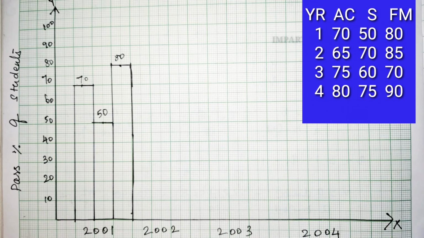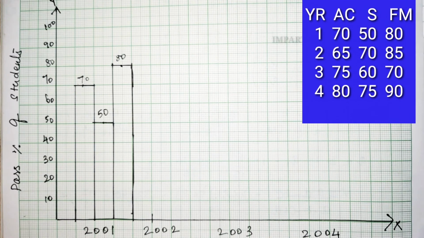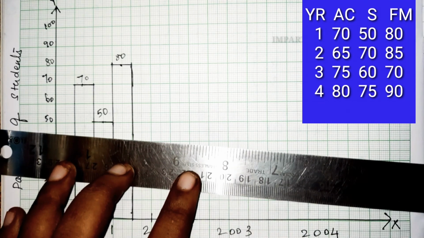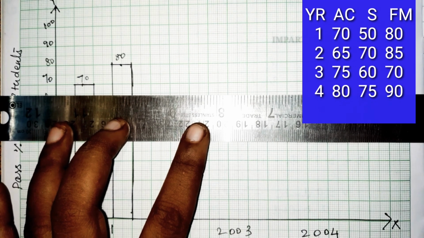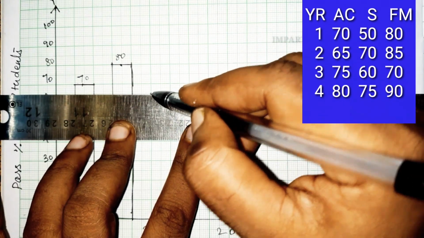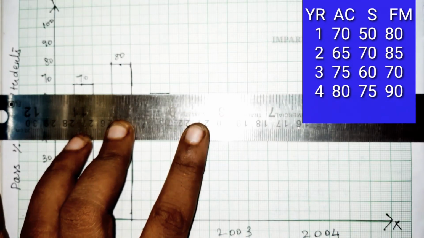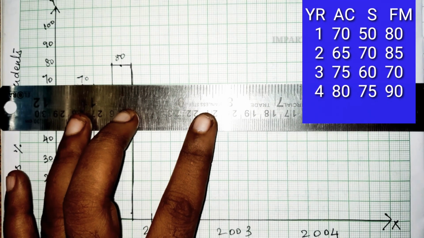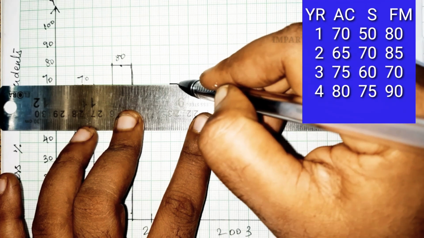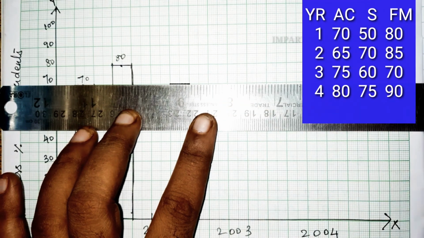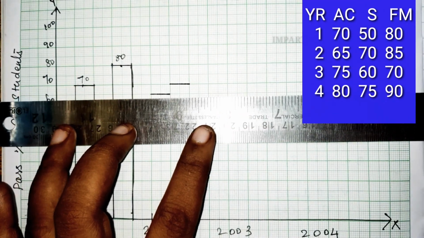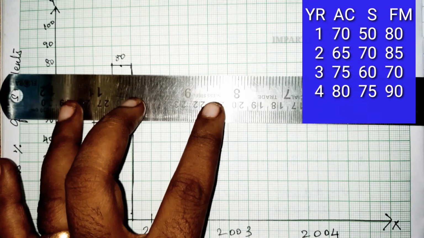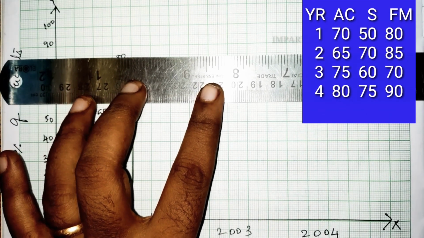Similarly, we have to draw the bars for the other years. For the year 2002, pass percentage for accountancy is 65. 65 is some point here. Pass percentage for statistics is 70. And pass percentage for finance management is 85. So 85 is some point here.